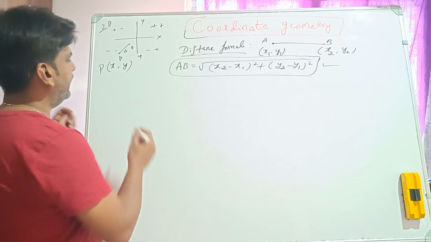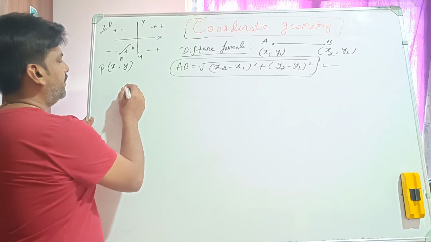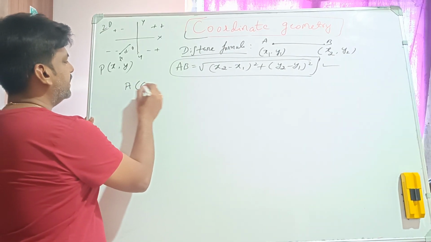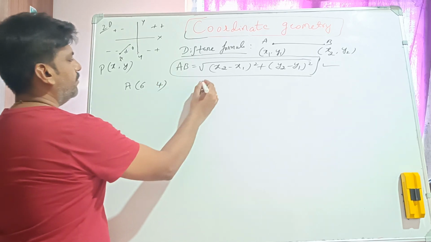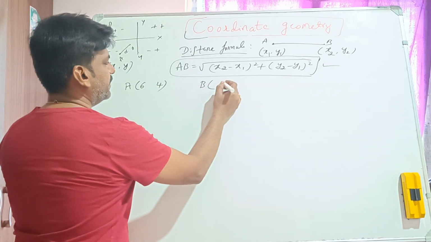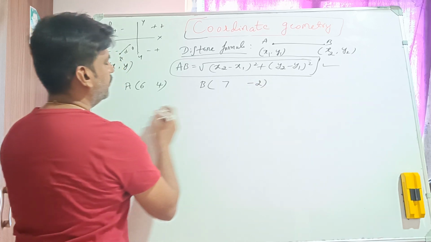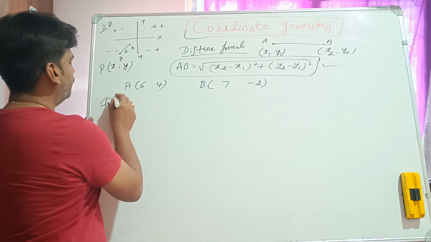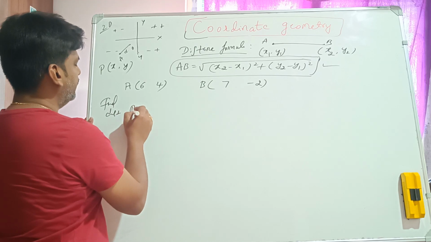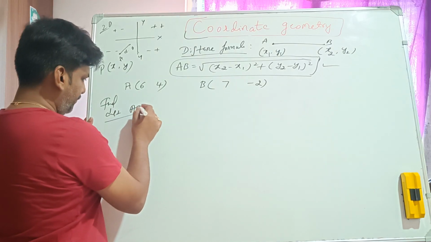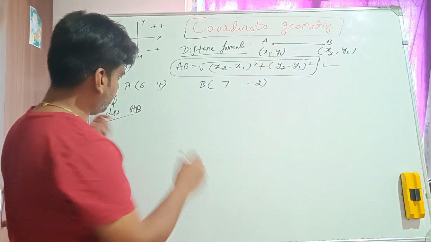Now suppose you take a simple example: point A is 6 comma 4 and point B is 7 comma minus 2. Find the distance between these 2 points. If the question is like this, how to solve it?